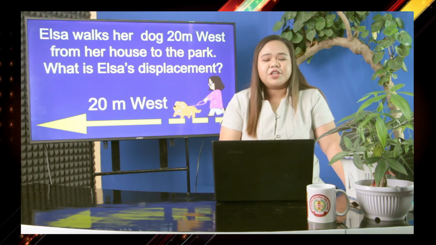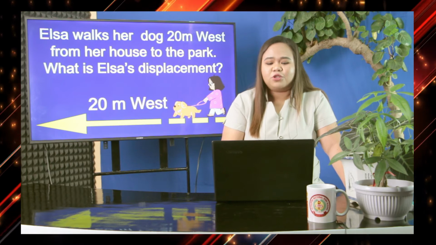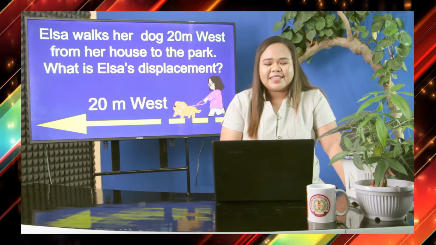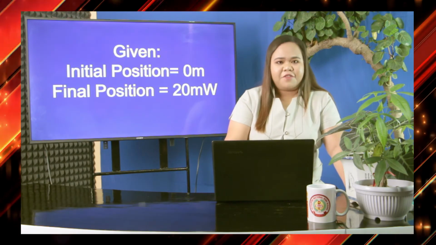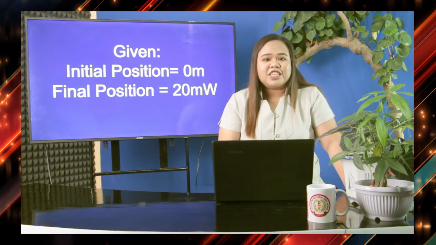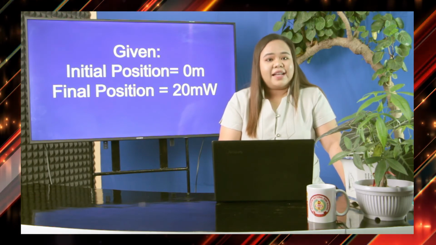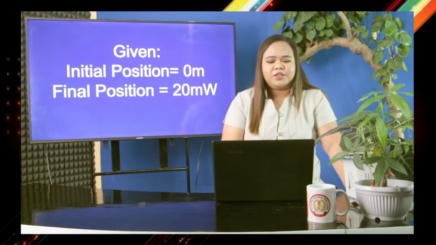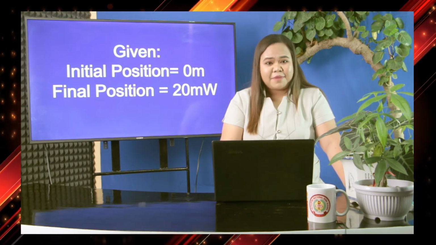Elsa walks her dog 20 meters west from her house to the park. What is Elsa's displacement? Let's have first the given. Elsa's initial position is equal to 0 meter, while Elsa's final position is equal to 20 meters west. Again, what is the formula in getting displacement?